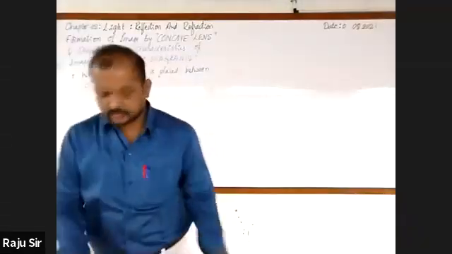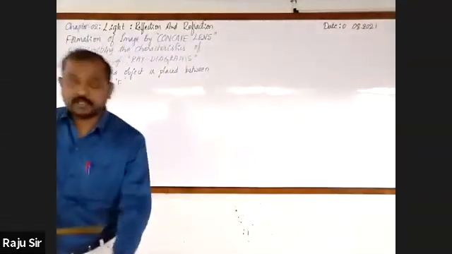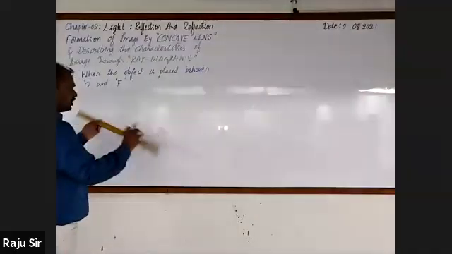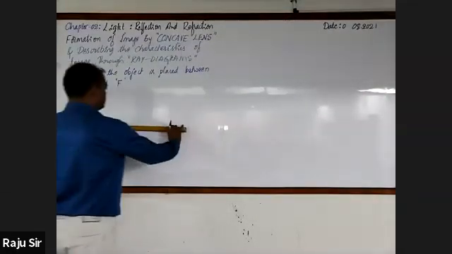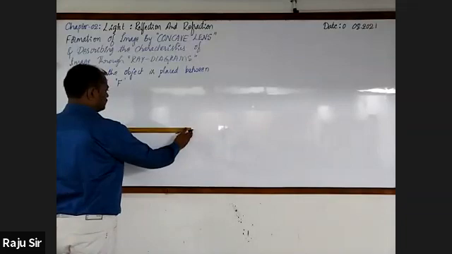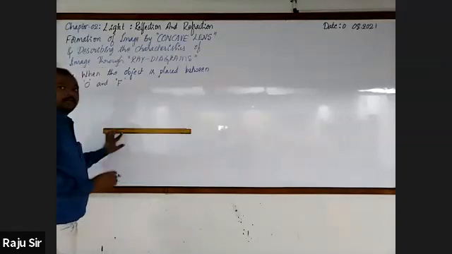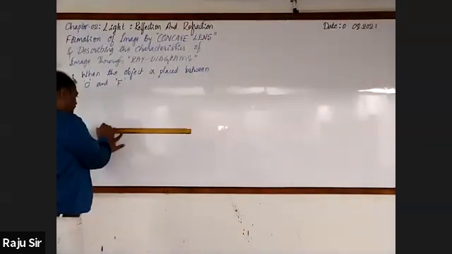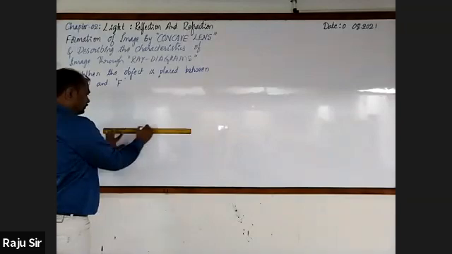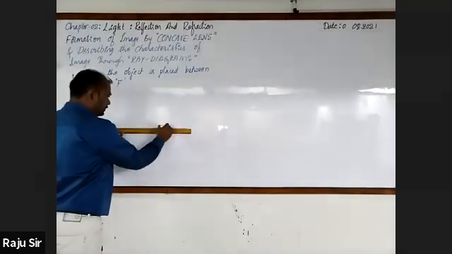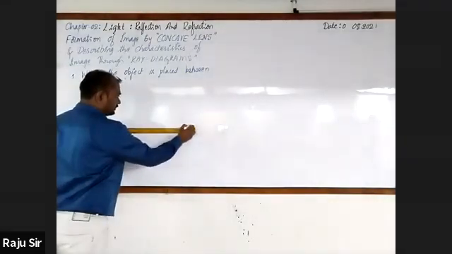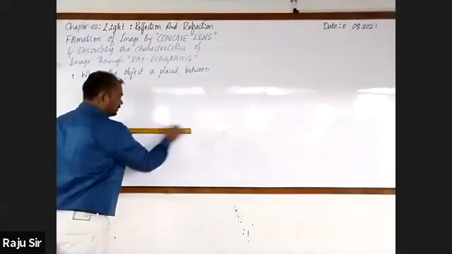Let us go for drawing the concave lens. First, you have to draw a straight line, and go on marking for every 2 centimeters. Here, 2, 4, 6, and 8.